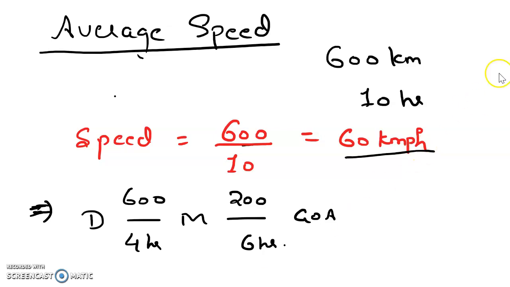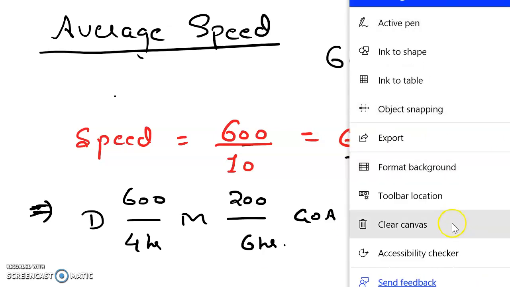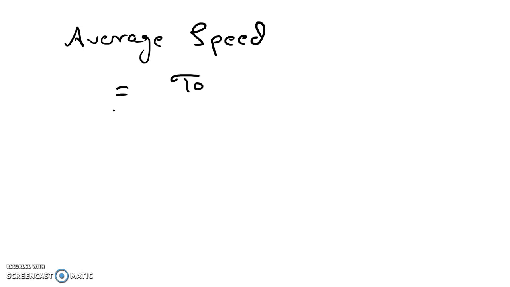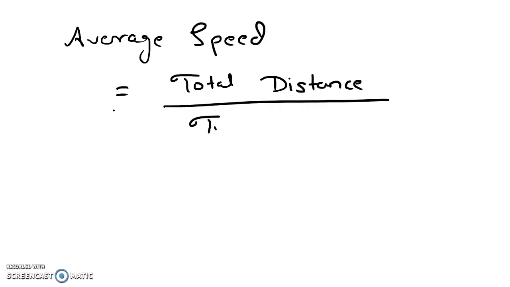What would be your answer? Your average speed, or whatever you call it, speed, but technically it's average speed, is total distance traveled over total time.